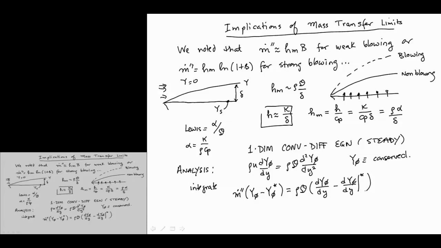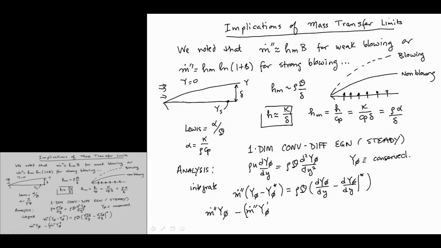Now, I'm going to pull the star quantities to the left-hand side. Sorry. So I'm going to pull these to the left-hand side, and here's what I get. I get m-dot phi at y, minus m-dot phi star.